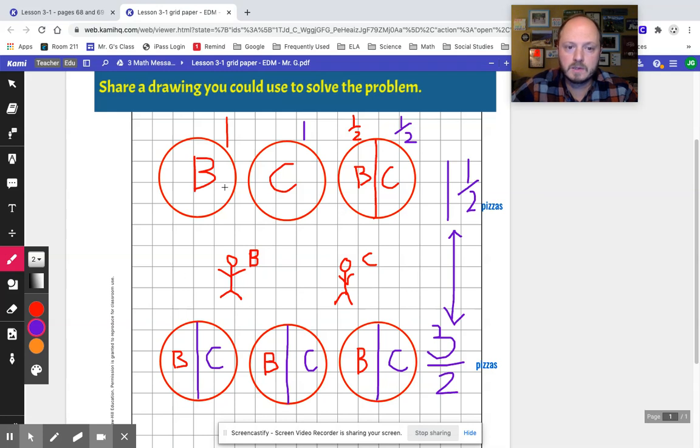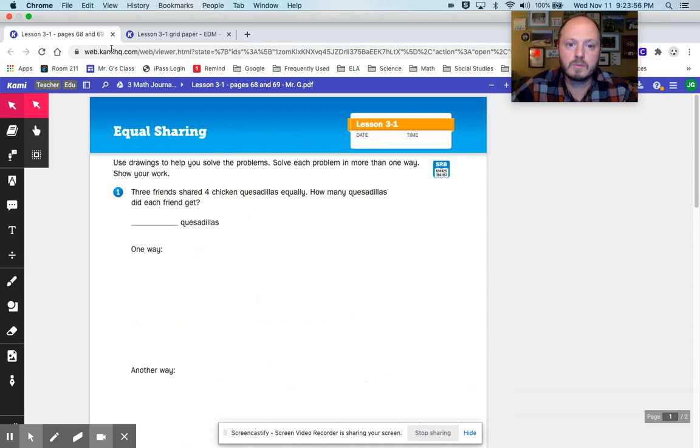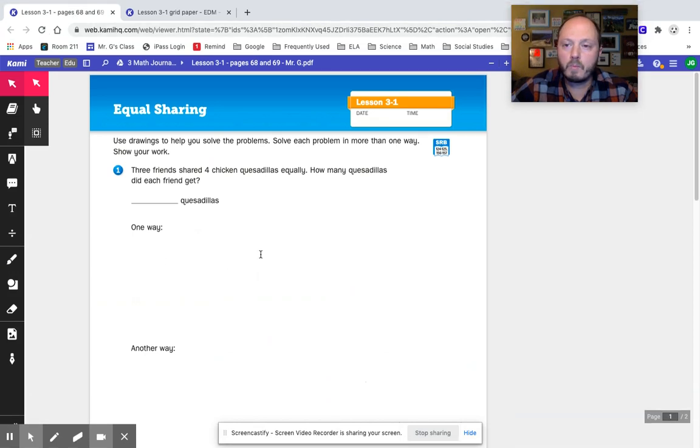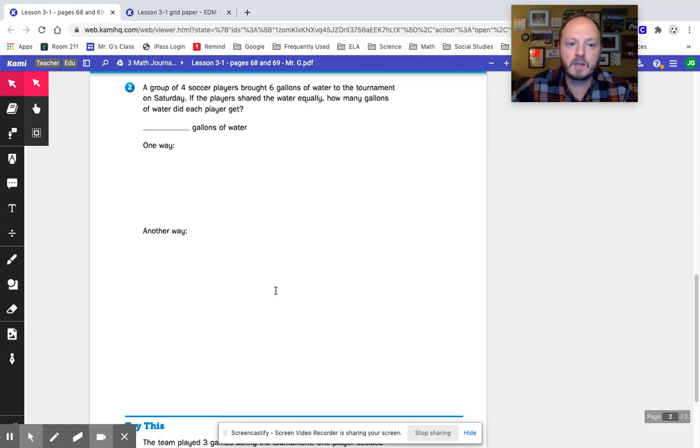See how one person had a whole one and then a half, and then this one, they had each a half. So think about how you could show with this one both ways to divide up these quesadillas, and then also dividing up gallons of water that teammates on a soccer team are sharing.